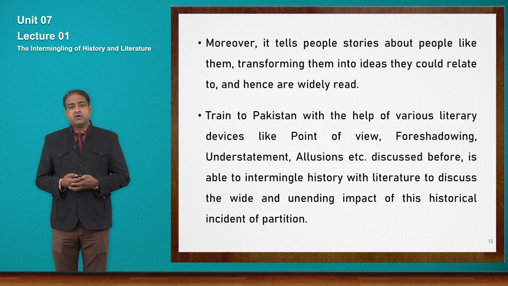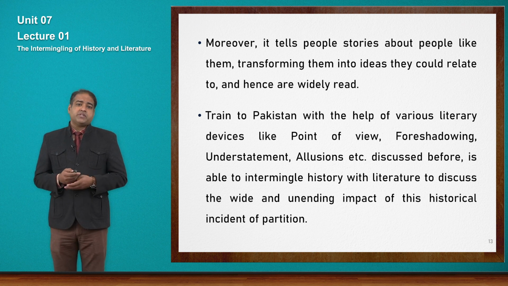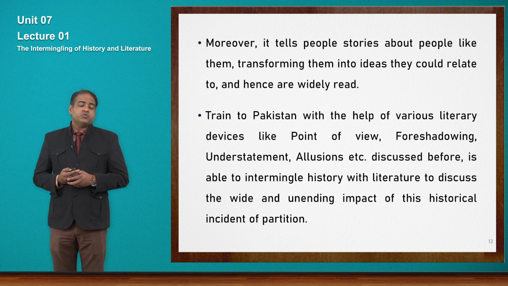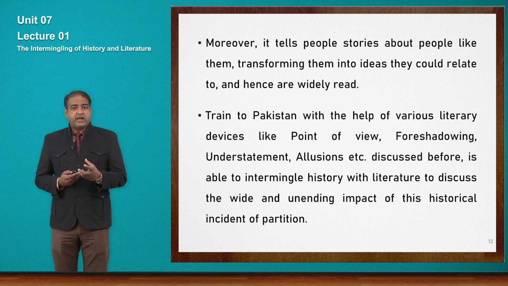historical incident of partition. Well friends, how was Khushwant Singh able to achieve this kind of seminal text with the help of these literary devices? When a writer uses these literary devices like foreshadowing, understatement, allusions, etc., the writer is able to justify the intensity of the incident.